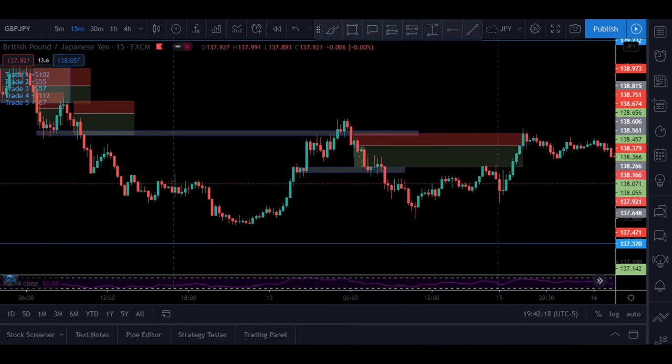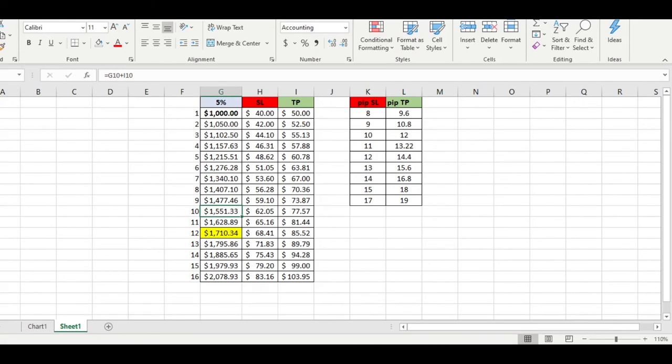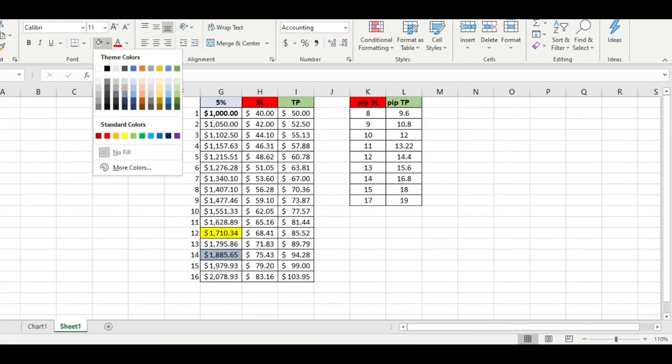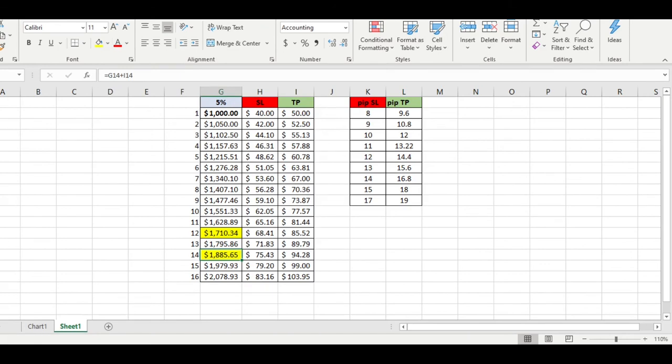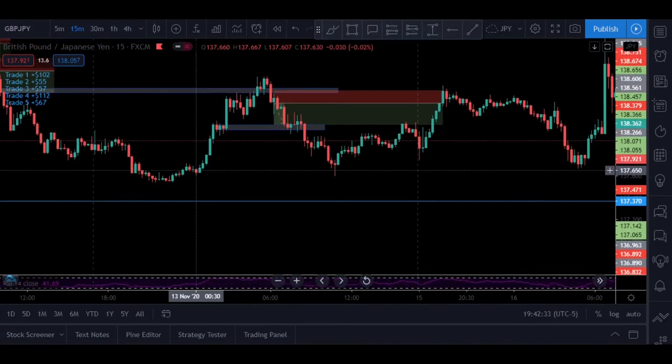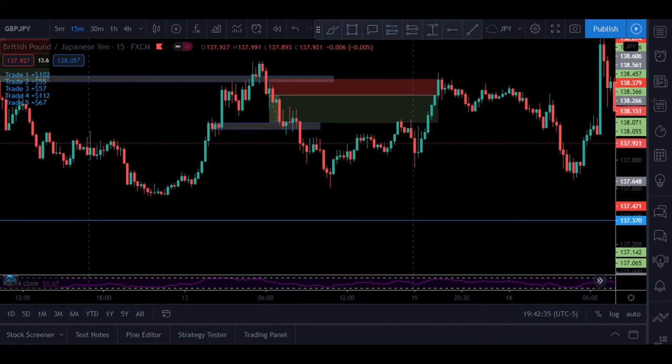It was a 2 to 1. We advance again 2 positions. Okay, now we have 2 more and we're gonna make 100% of the balance.